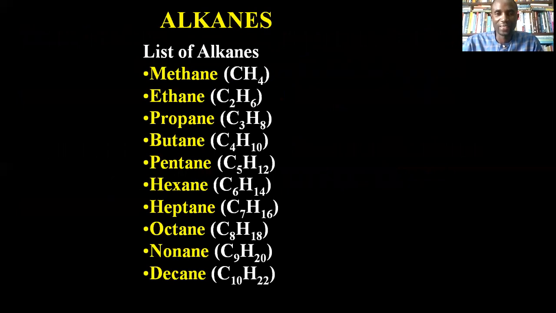The alkanes, because I said before that saturated hydrocarbon is used to refer to alkanes. The first 10 members of the alkane family, we have talked about this before in our previous class, but we just need to point them out again.